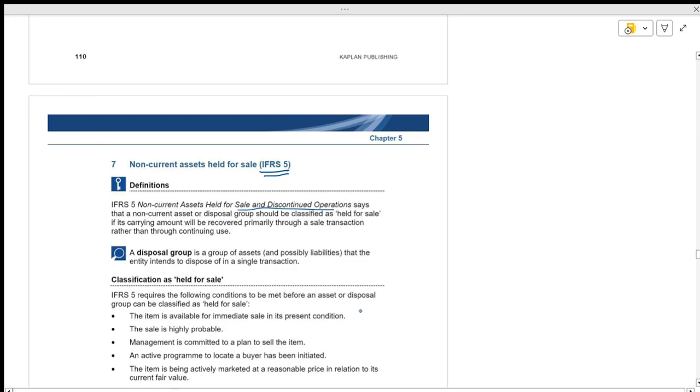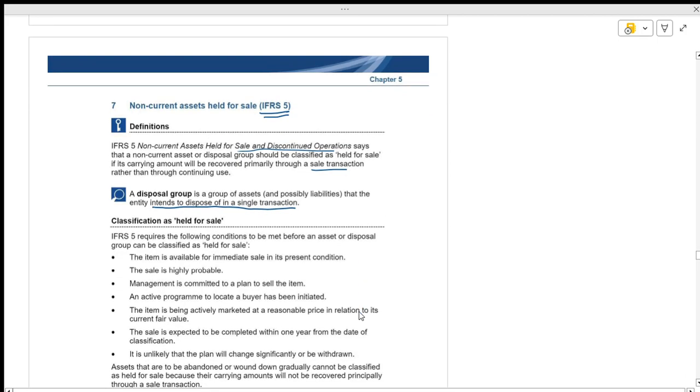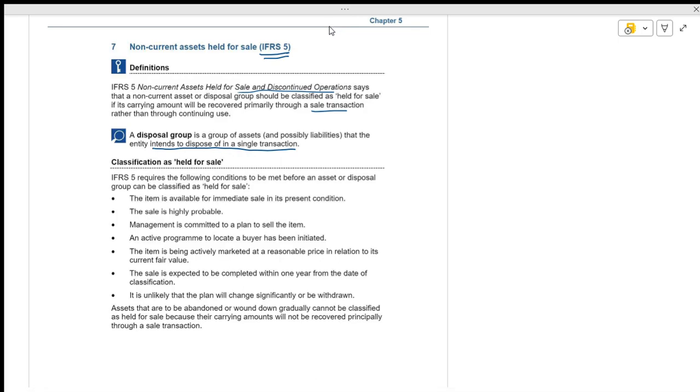See, there are very specific conditions. The carrying amount is to be recovered primarily through the sale transaction. What is the disposal group? It is a group of assets that the entity intends to dispose of in a single transaction. These are the conditions. The item must be available for immediate sale in its present position.